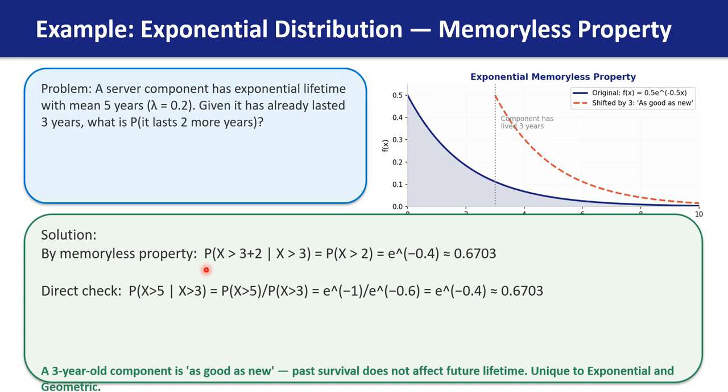By the memoryless property, the answer is simply P of X greater than 2 because the past 3 years are forgotten. P of X greater than 2 equals e to the minus lambda times 2, which equals e to the minus 0.4, approximately 0.6703.